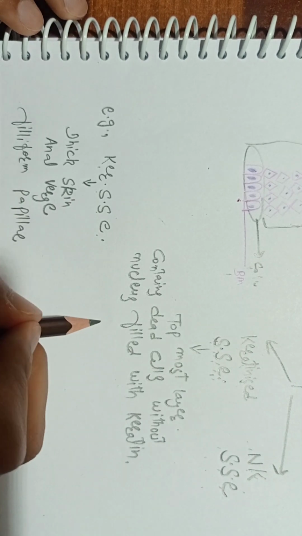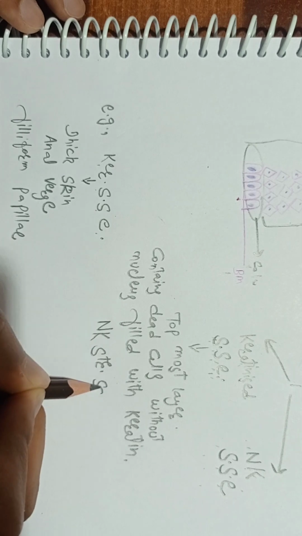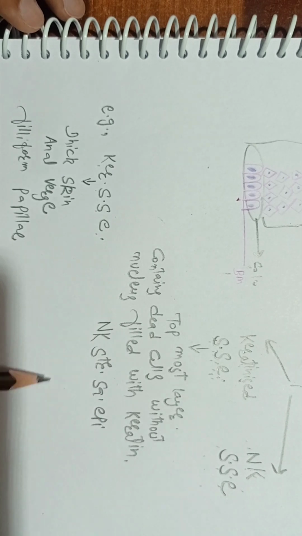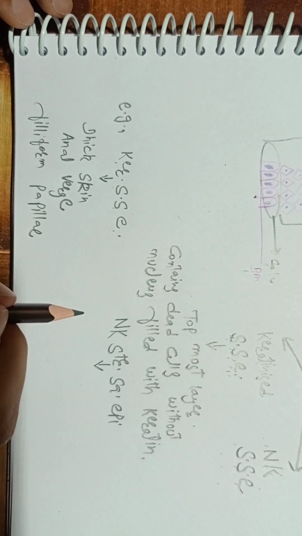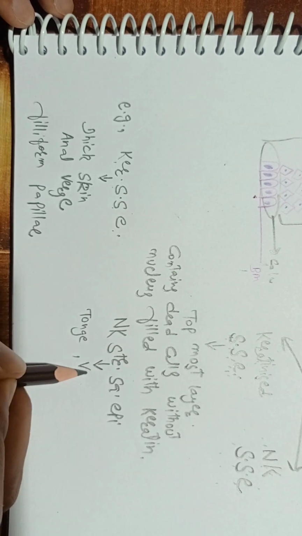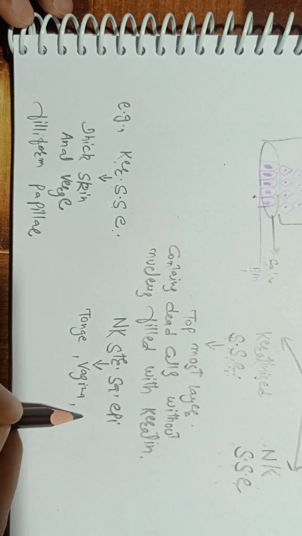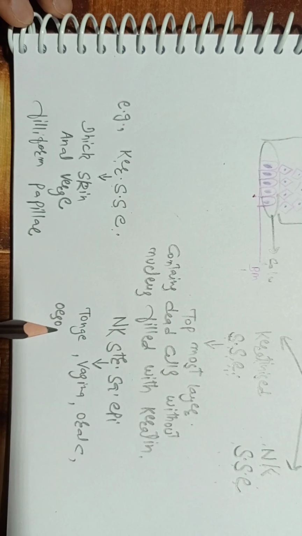Now we have the non-keratinized stratified squamous epithelium. Where do we see it in our body? It is seen in the tongue, vagina, oral cavity, esophagus, and thin skin.